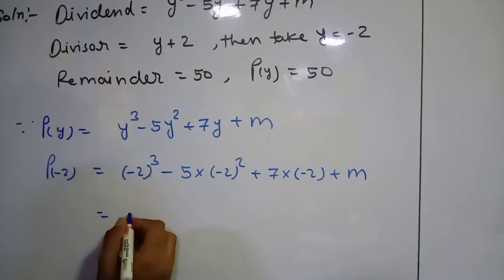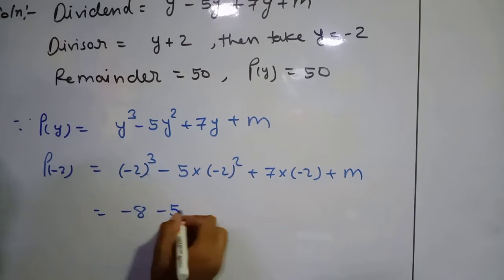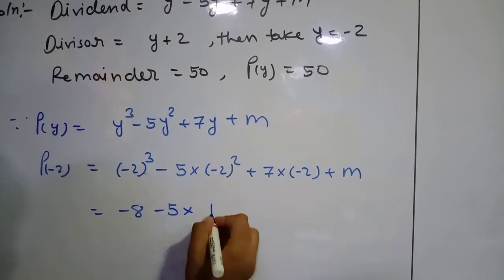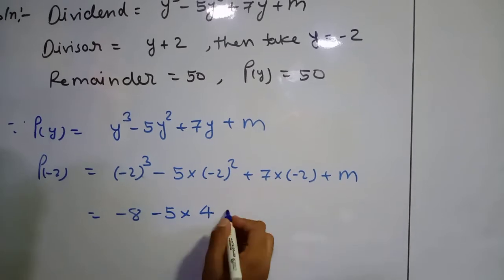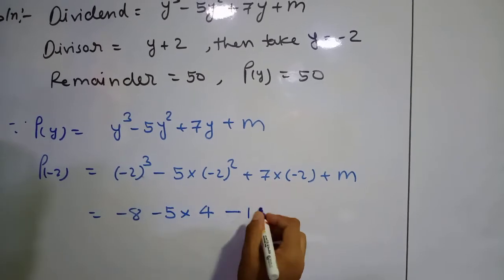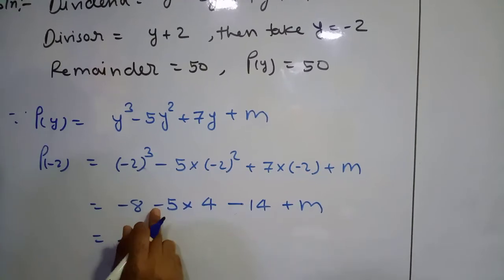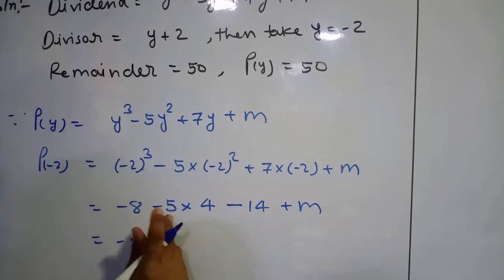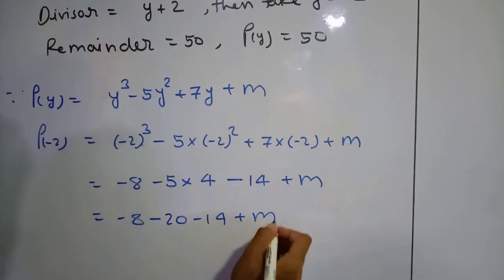Cube of minus 2 is minus 8. Minus 5 into square of minus 2, that is 4, gives minus 20. Plus into minus becomes minus, 7 into 2 is 14, plus m.